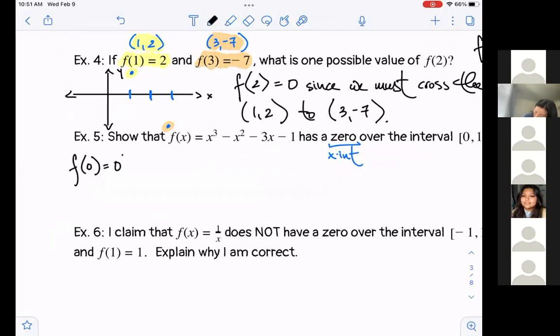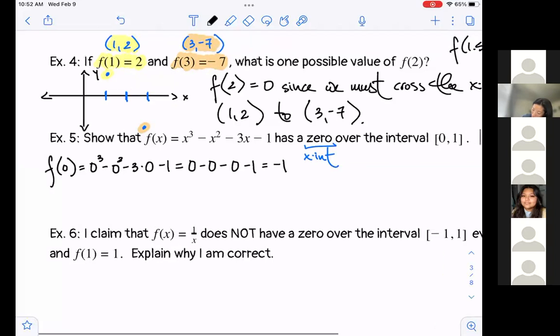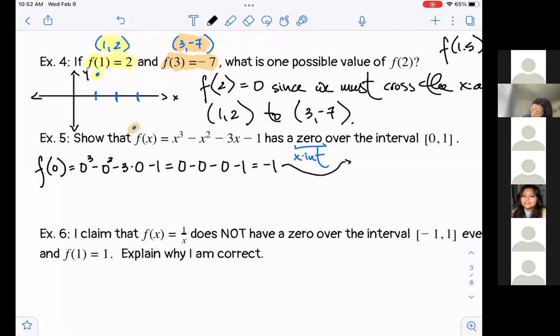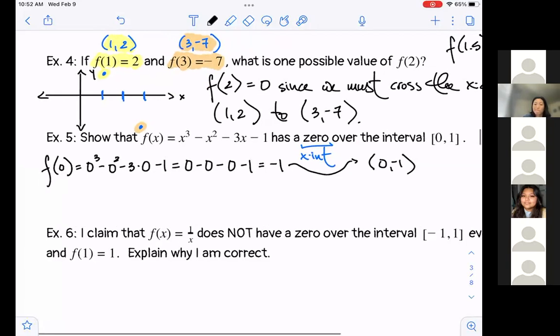And so I get 0 cubed minus 0 squared minus 3 times 0 minus 1. Let's be really careful here. We get 0 minus 0 minus 3 times 0 is 0 minus 1, which gives us negative 1. I should have left myself a little bit more space. This really means that the coordinate we're looking at is (0, -1).